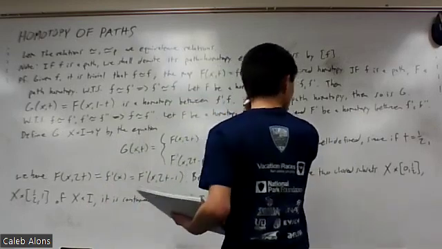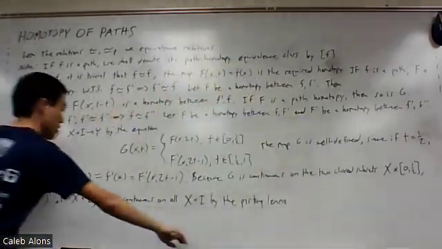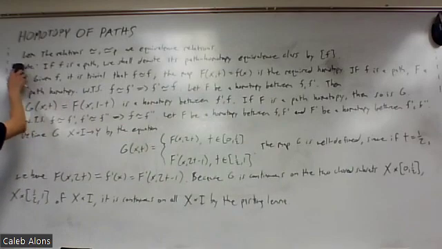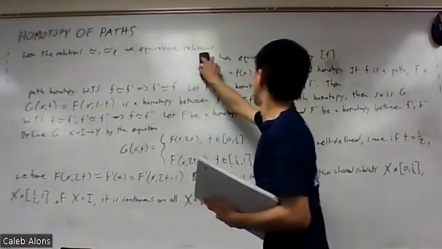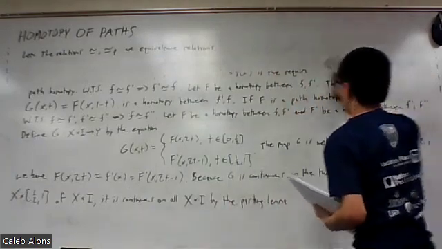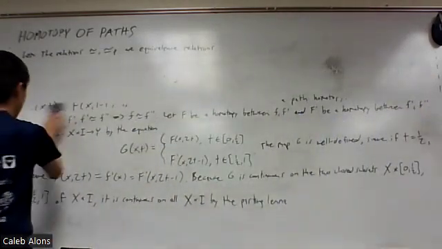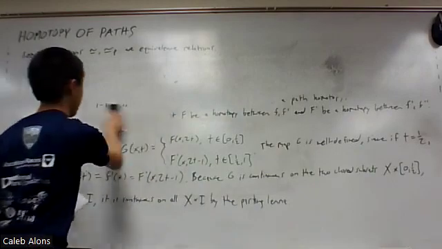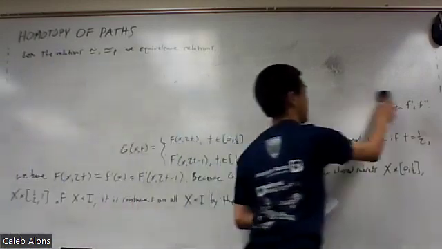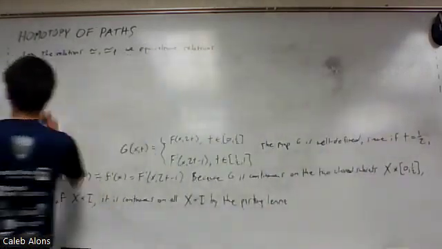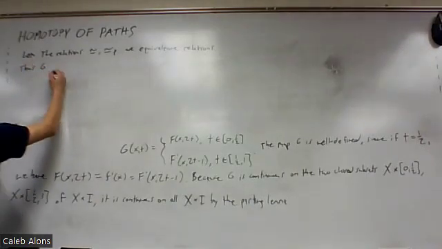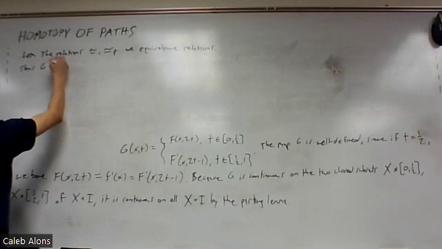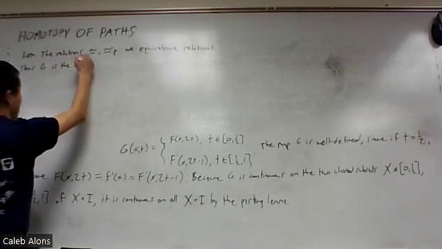So G is the required homotopy between f and f prime prime.